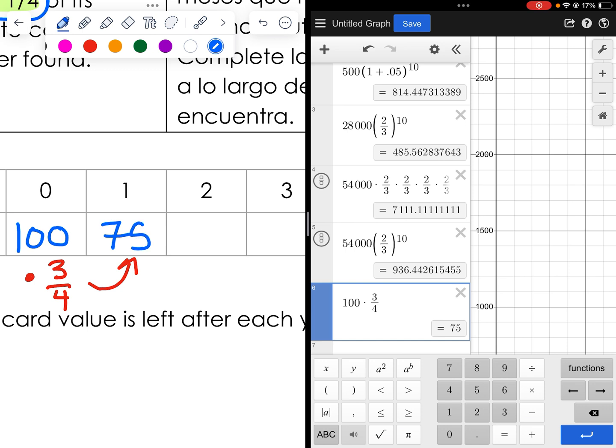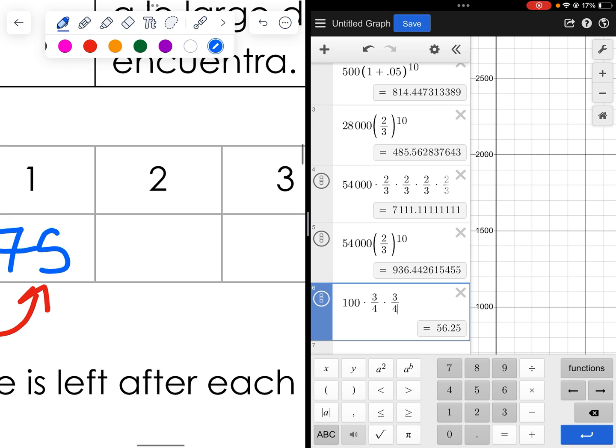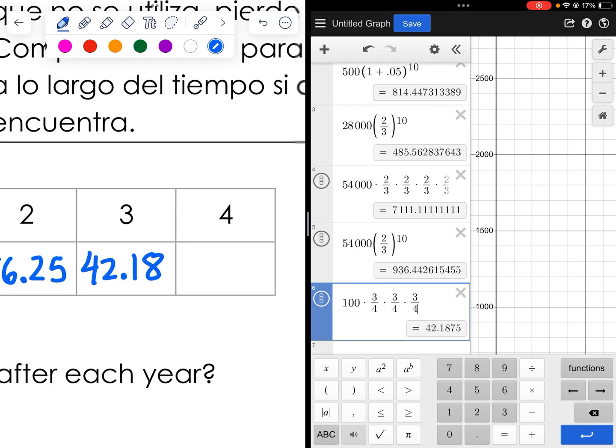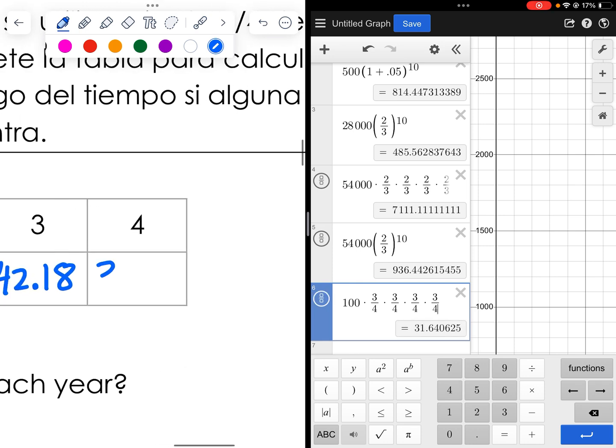We're going to multiply by 3/4 again. We get 56.25. Multiply by 3/4 again. We get 42.18. I'm not really rounding, so times 3/4 again, we get 31.64.